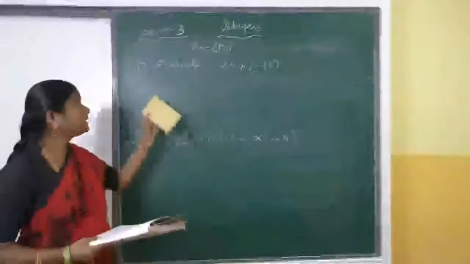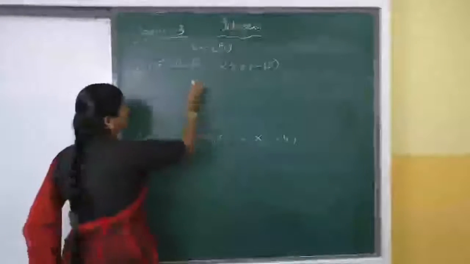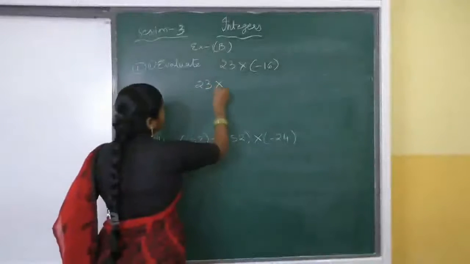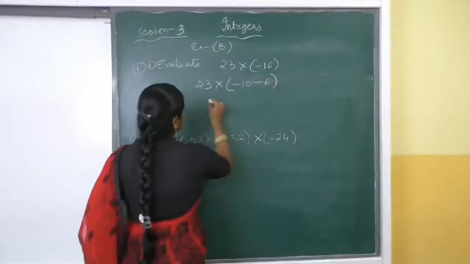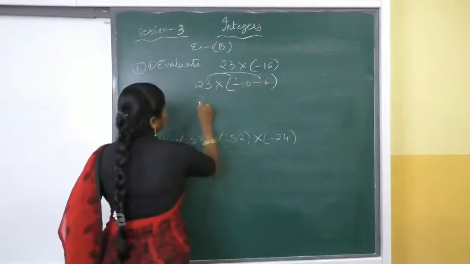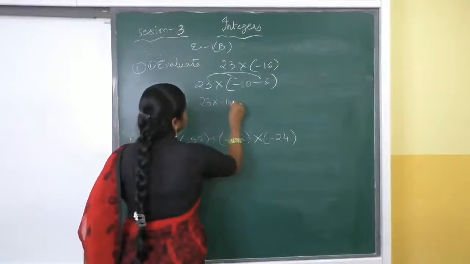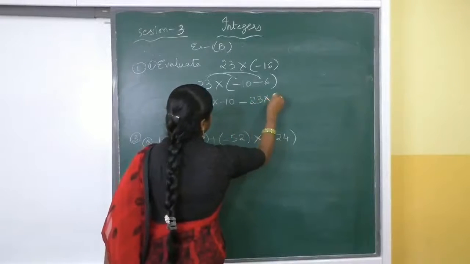So first question, evaluate 23 into minus 16, where we can write this as a simple calculation, 23 into minus 10 minus 6, where we need to multiply in such a way to get the easiest multiplication. 23 into minus 10, minus 23 into 6.